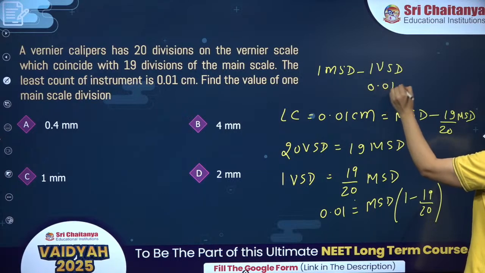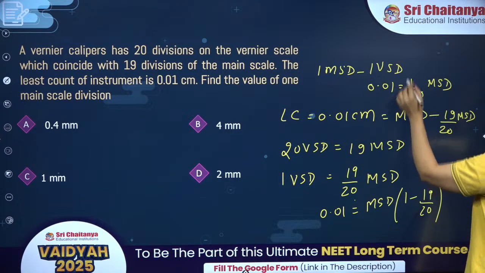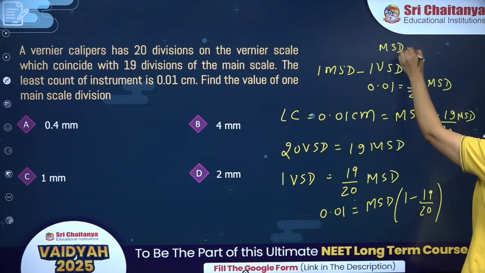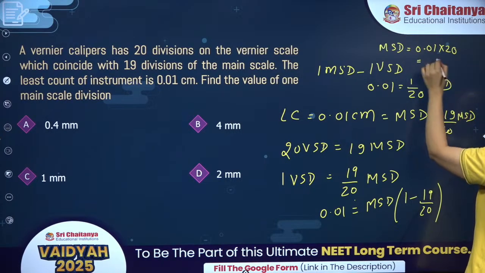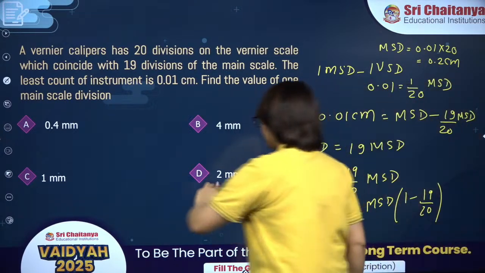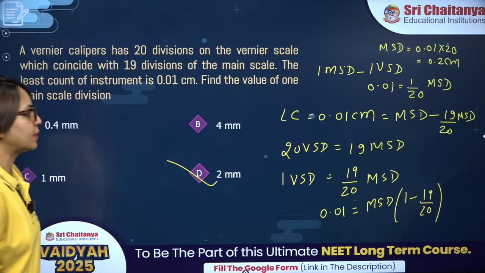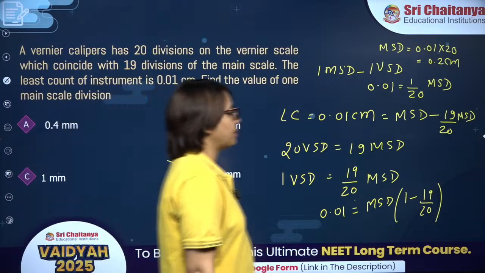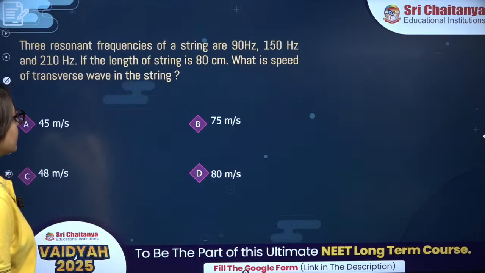So 0.01 is 1 by 20 times MSD. So main scale division is 0.01 into 20, which is equal to 0.2 centimeter, or it is 2 millimeter. So correct answer is option D. Option D is the correct answer, beta. 2 millimeter will be the correct answer. Okay, chaliye. All right.